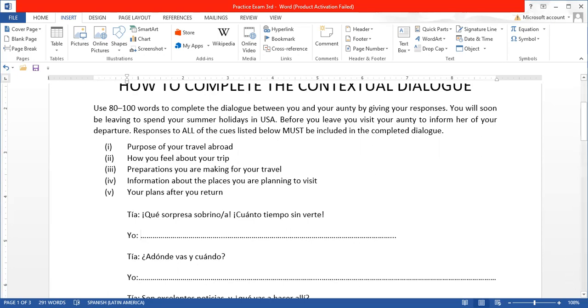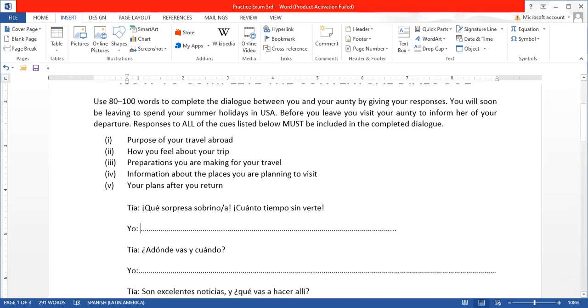So first of all, when you are completing the contextual dialogue, the most important thing is that you have to pay attention to each of the things that you are supposed to include there, the cues. And in this case, remember, keep the elements that you are going to include as simple as possible. All right, and go one by one. This is very important.